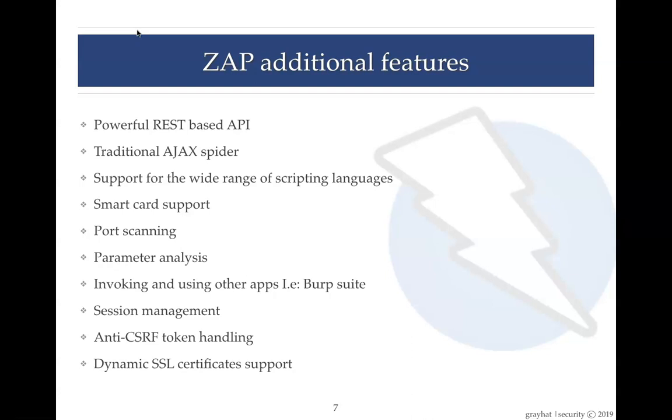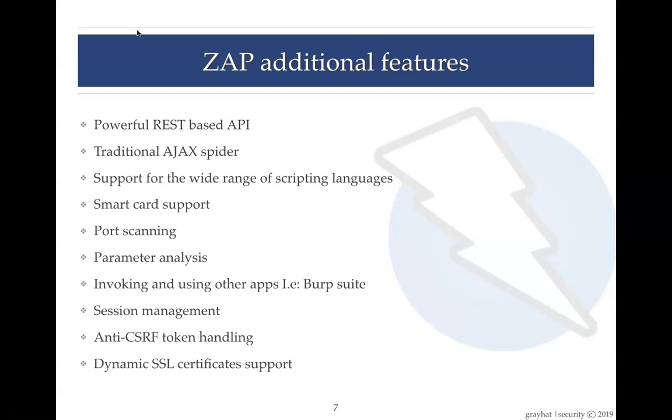Once you are scanning web pages without being logged in, there will be limited coverage by ZAP. But if your session is authenticated, like if you have been logged in and then you are scanning, there will be much more powerful scanning and much more powerful bug hunting or vulnerability finding using these features.